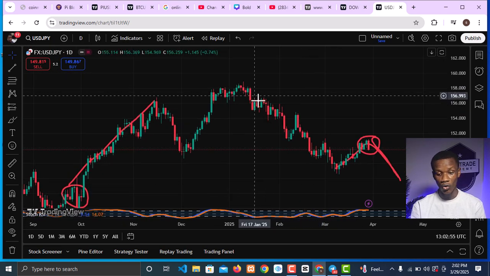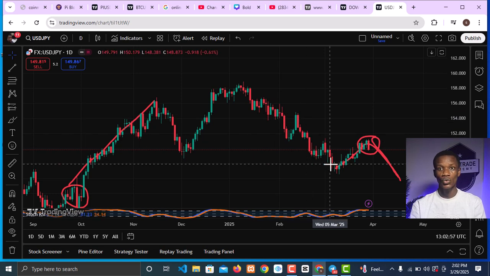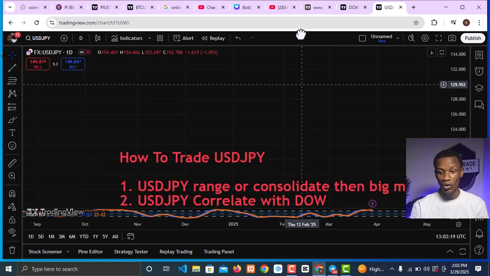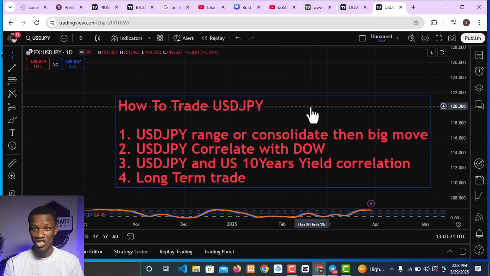So there is a great correlation between the Dow and USDJPY. So if the Dow is coming all the way downward, then it means that the USDJPY has capacity to come down as well. So if you are looking for a sell opportunity, that would be a nice idea rather than looking for a buy opportunity when the Dow is coming all the way to the downside on the USDJPY pair.